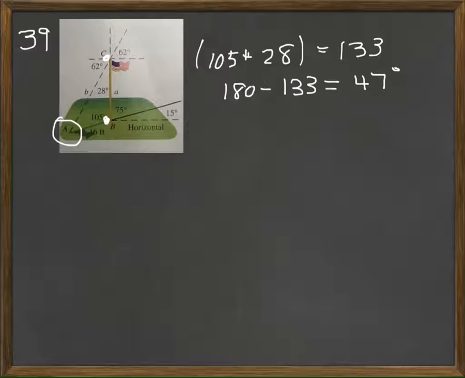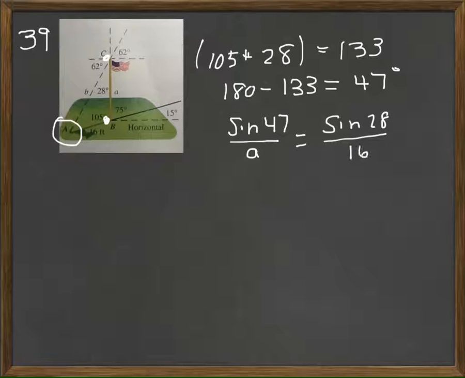We're going to say sine of 47 divided by A, because they're across from each other. And then I can't use B because I don't have the side length B, so we're going to use angle C, which is sine of 28 over 16, because they did give us the actual distance from B to A, which allows me to do my work here.